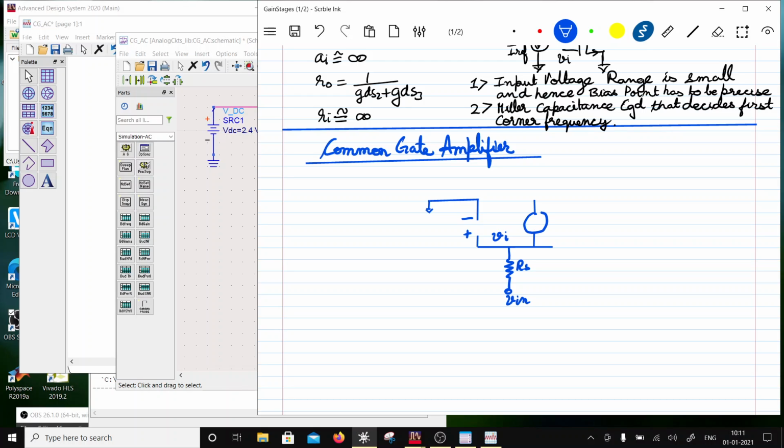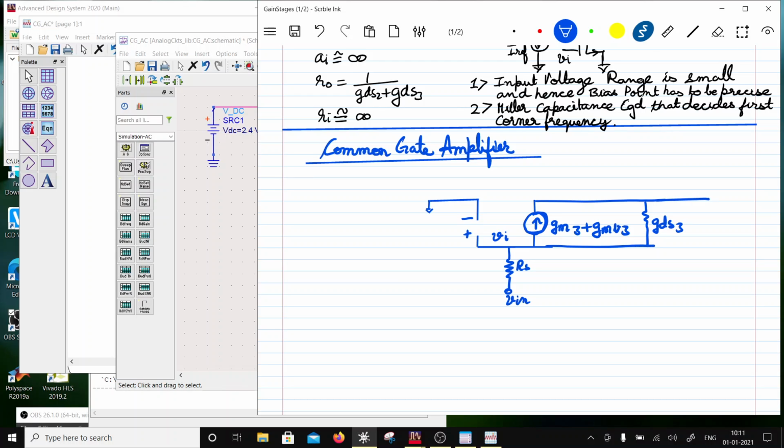I am going to have gm this way, and because the source is at a higher potential DC wise, I'm going to have a body effect. So I'm going to have gm3 plus gmb3, and then I'm going to have gds3.